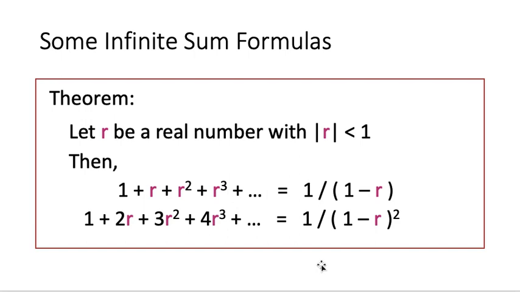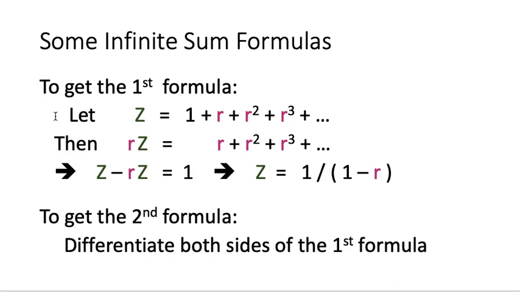So let's see why this is true. For the first formula, let me copy it again here: 1 plus r plus r squared, and so on. We denote the sum that we want to find as z. Since z is equal to this, we can multiply z by r to get r times z, which is equal to r plus r squared plus r cubed. For convenience, I move the terms around so that they are aligned.